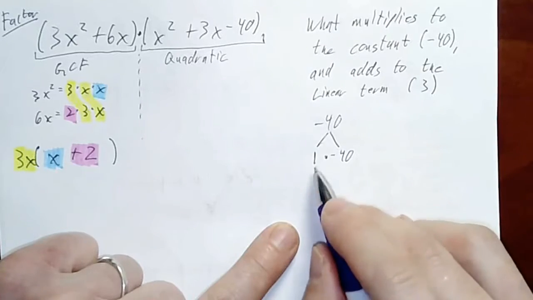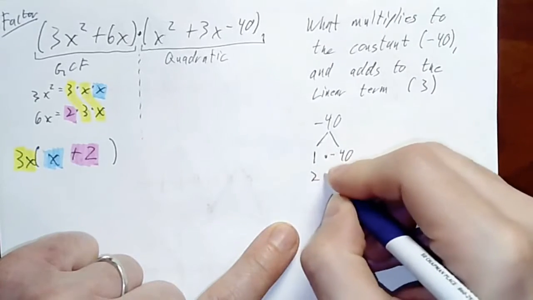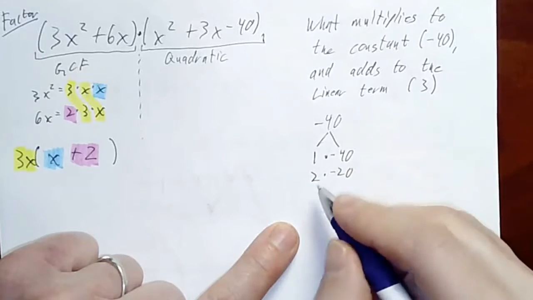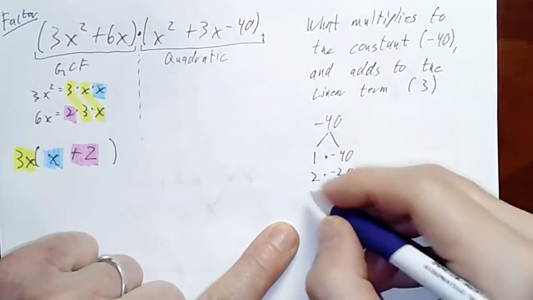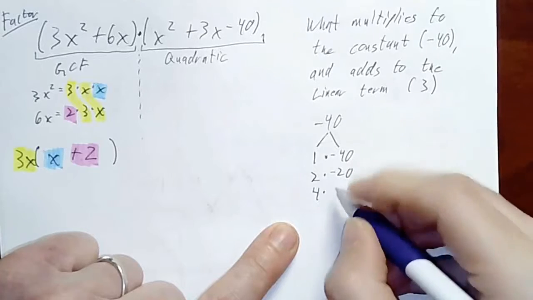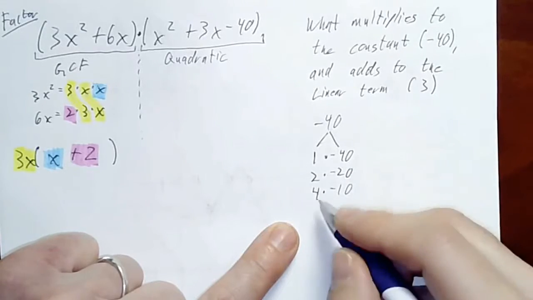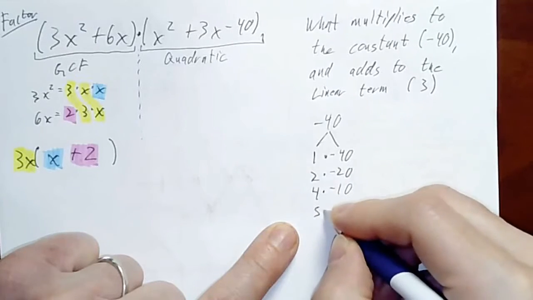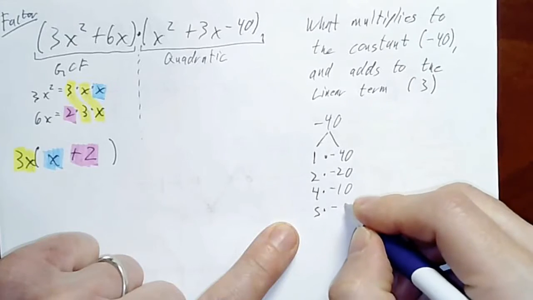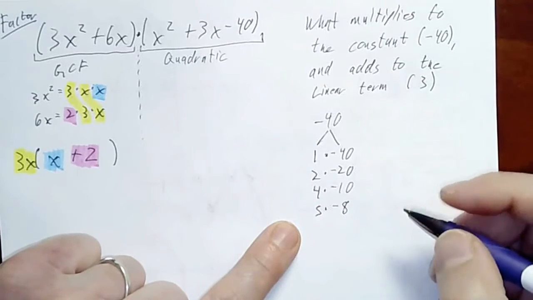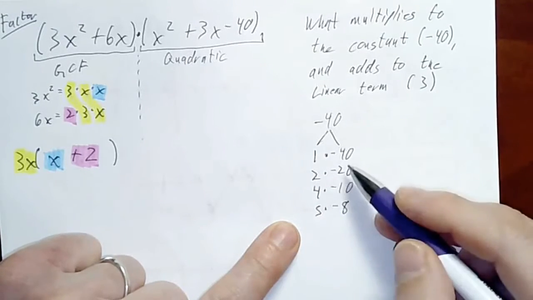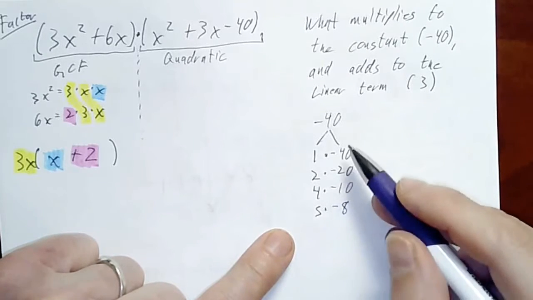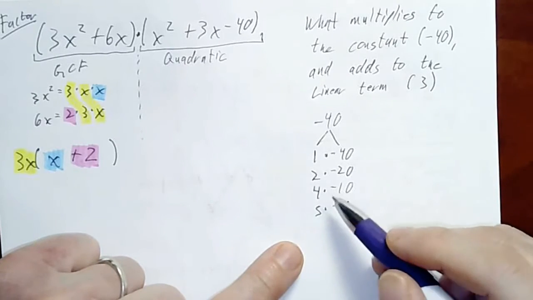So the next pair that comes out is going to be 2 times negative 20. 3 does not multiply to negative 40, so I move on to 4. That's 4 times negative 10. 5 also multiplies to negative 40. That's 5 times negative 8. And that is pretty much all of my basic pairs. I can include into this list the opposites of each of these.